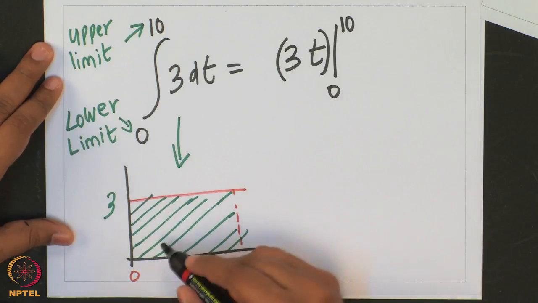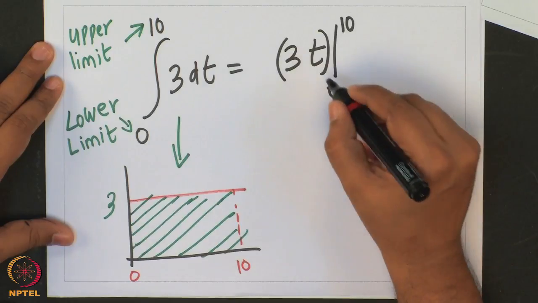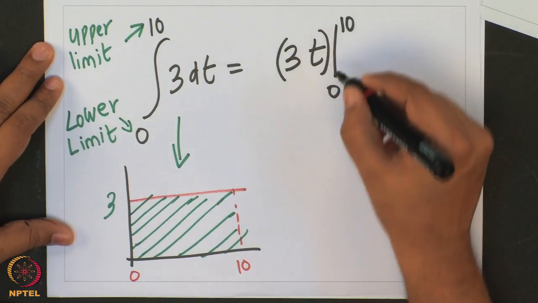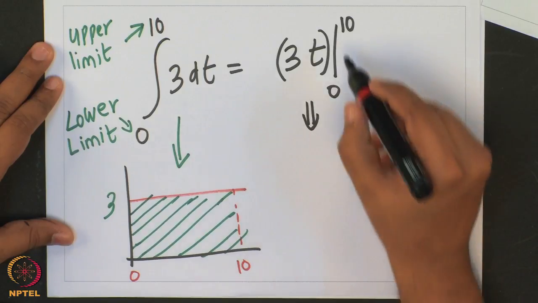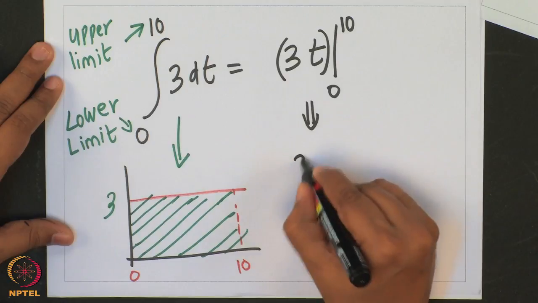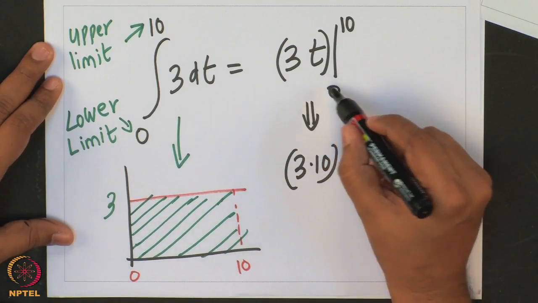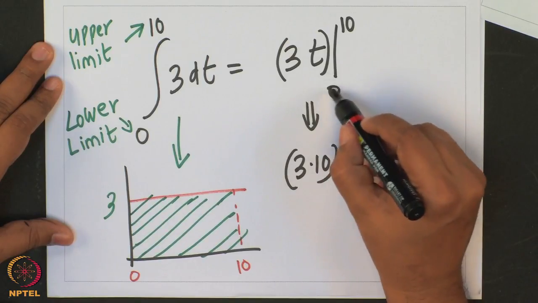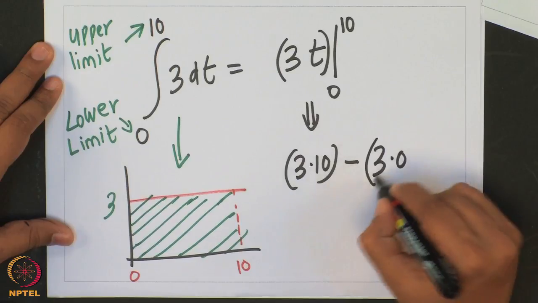Within the limit 0 to 10, we have this 3t, and how do we apply this limit? To apply this limit, first wherever there is t, substitute 10. So 3 times 10 minus, wherever t, substitute 0. So 3 times 0, which is 0.